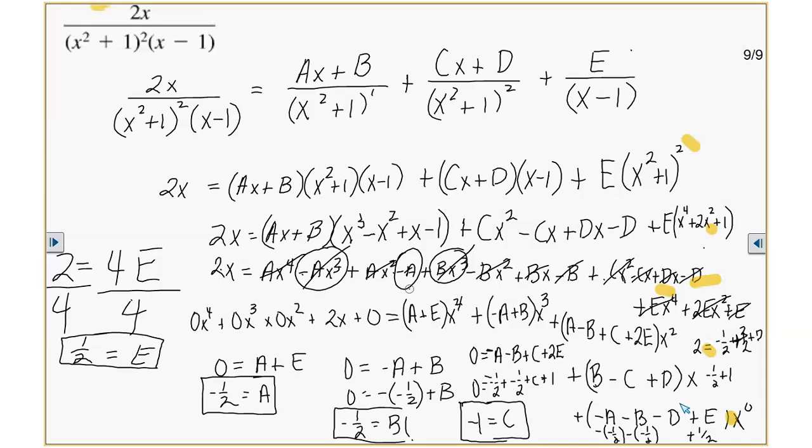That's E. You said they had a minus AX. Oh, I'm looking. You got X to the fourth, X to the third, X to the second. So there must be an X in here. Right here.